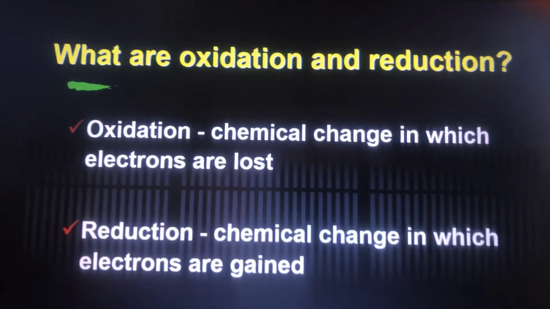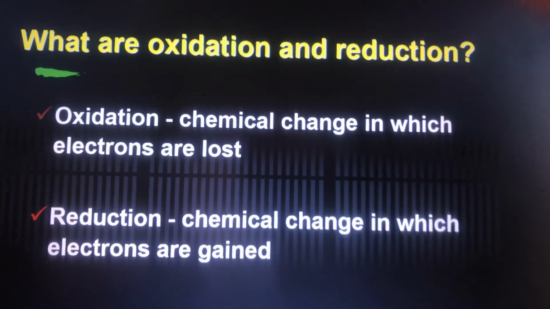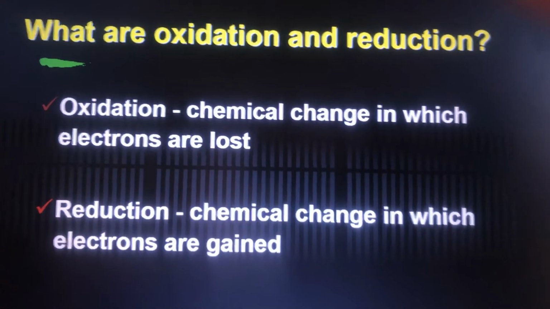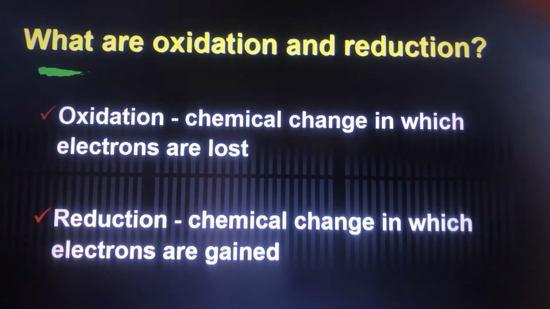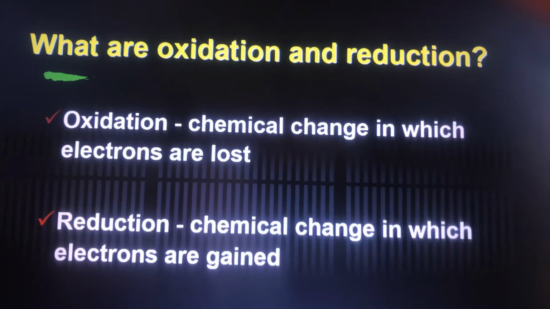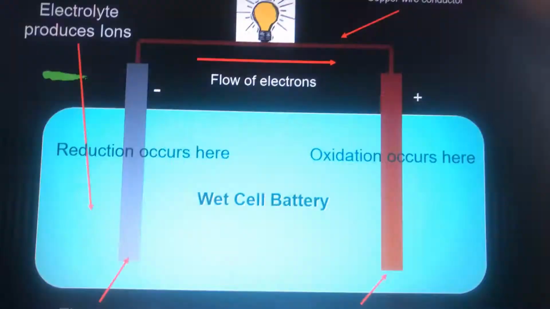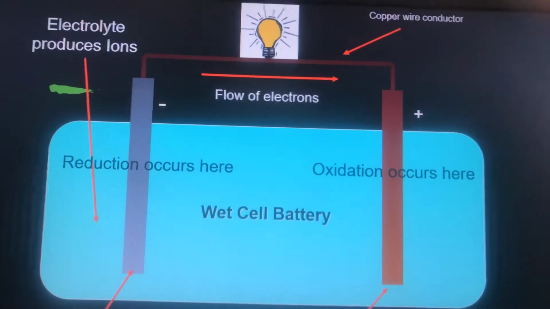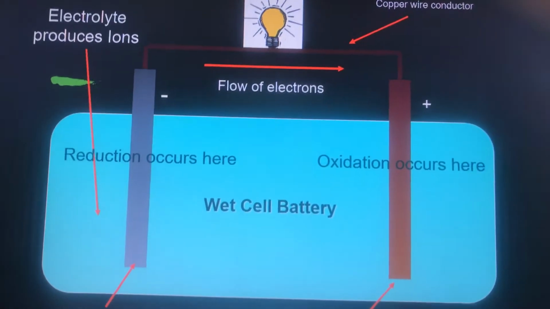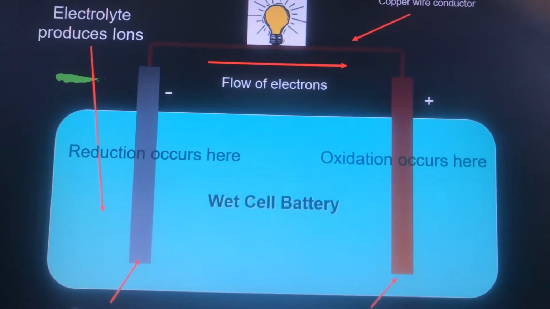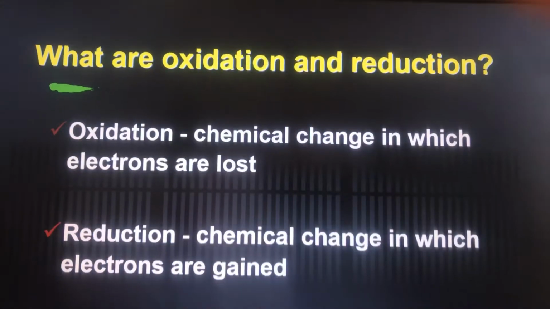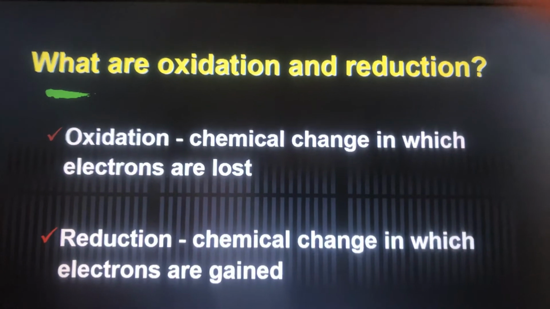Now, oxidation and reduction. We just talked about them. Oxidation is a chemical change in which electrons are lost. Reduction is a chemical change in which electrons are gained. Let's go back up here. Reduction occurs here, and reduction is when electrons are gained.